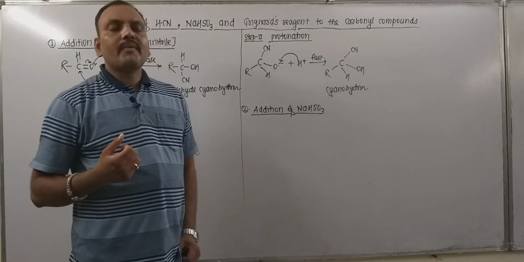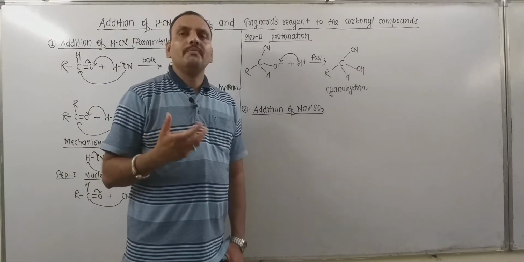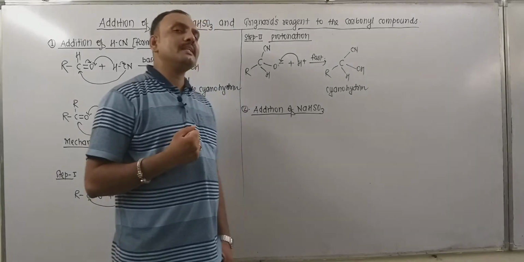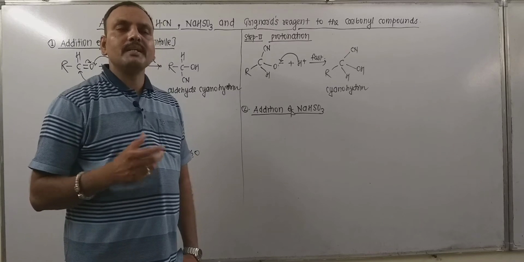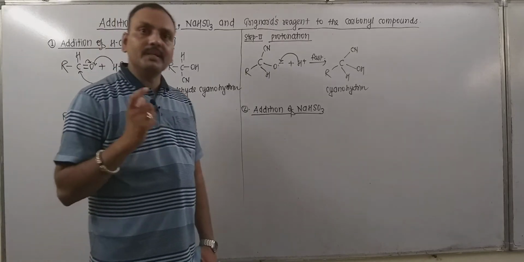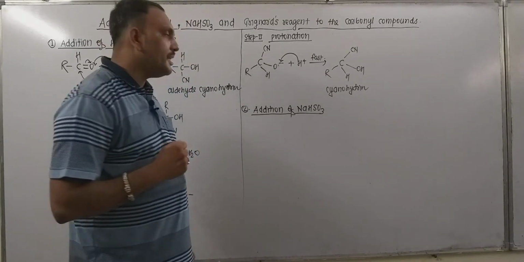So bisulfite addition products are crystalline derivatives, which when treated with mineral acids ultimately give aldehydes and ketones, which two are in pure state. Thus this reaction is used to purify aldehydes and ketones.